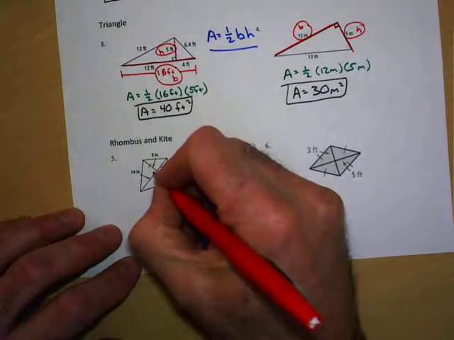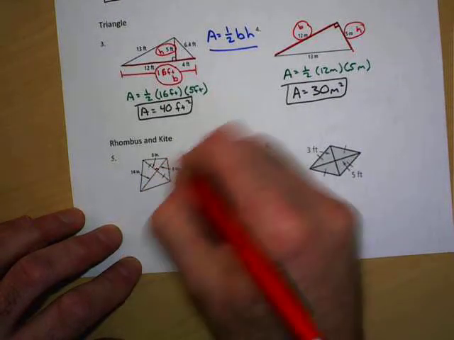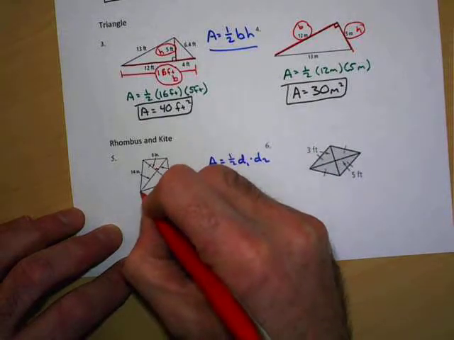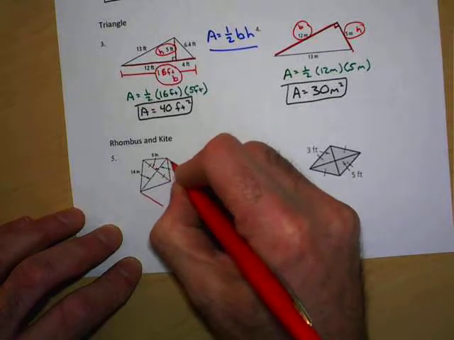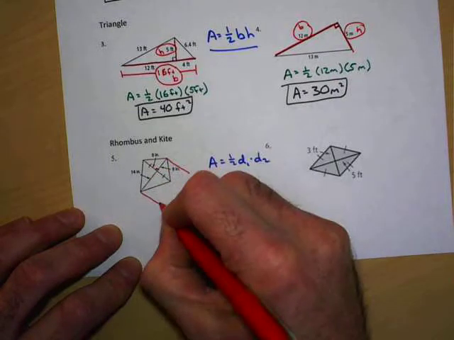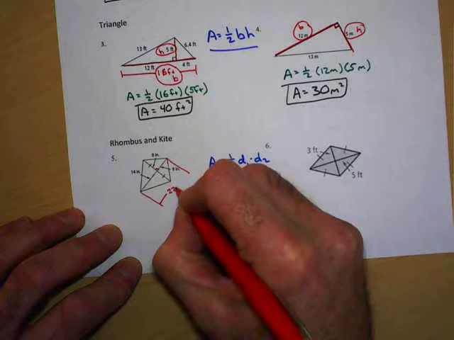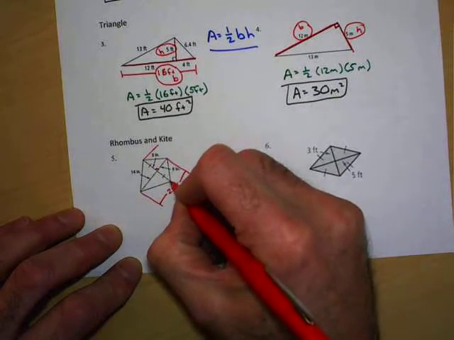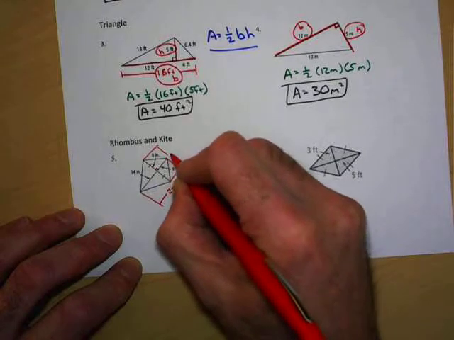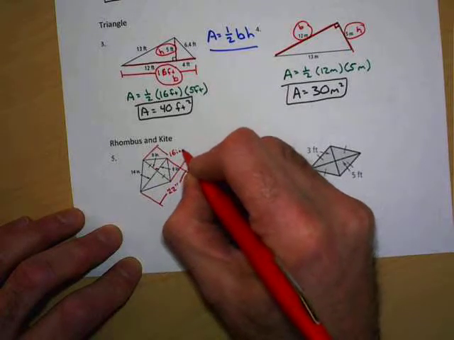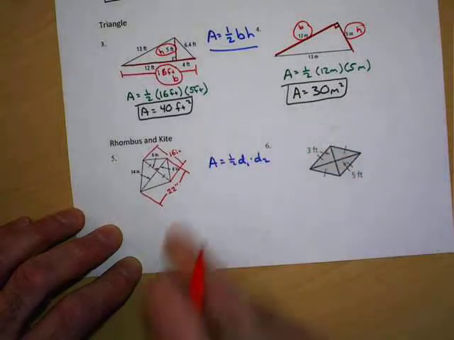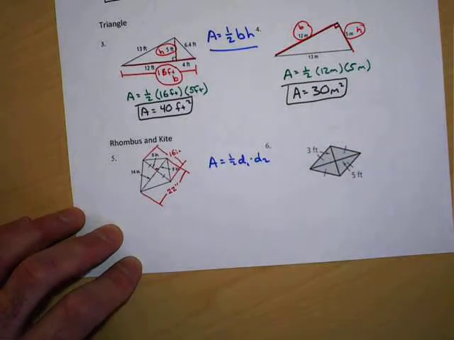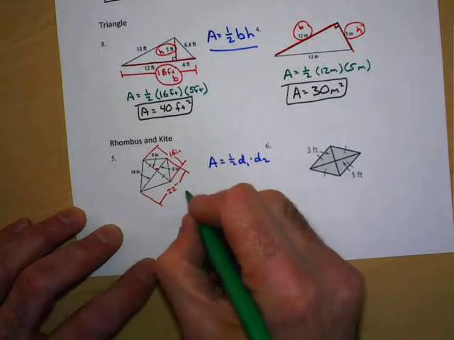Again, these are perpendicular, and these are my diagonals. This diagonal from here to here is 14 and 8. Put those together, you get 22 inches. And from here to here, you get the other diagonal, which is 16 inches. So there are my two diagonals, 22 inches and 16 inches. Their lengths.